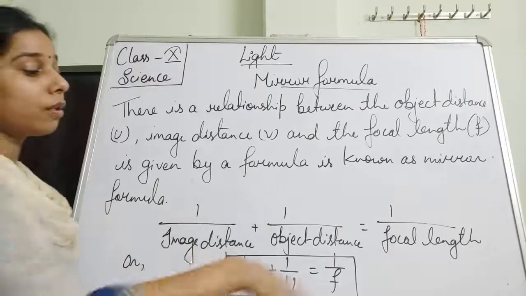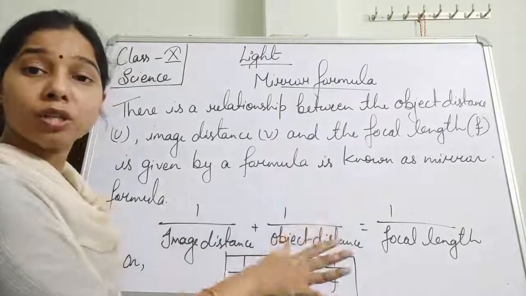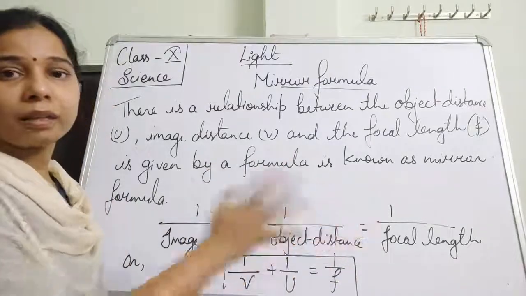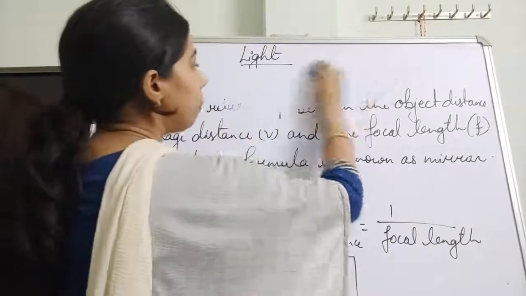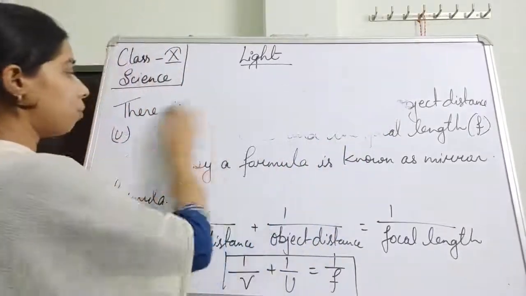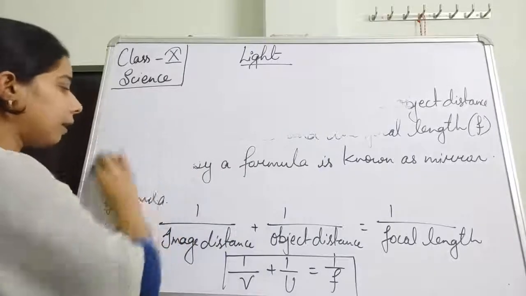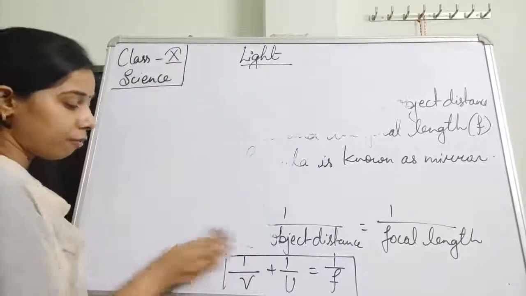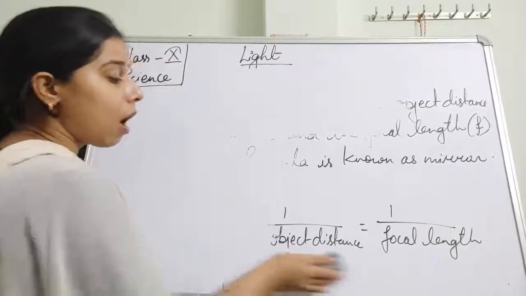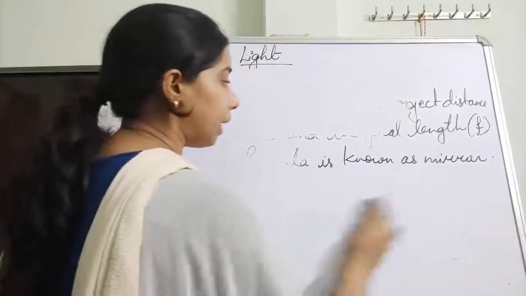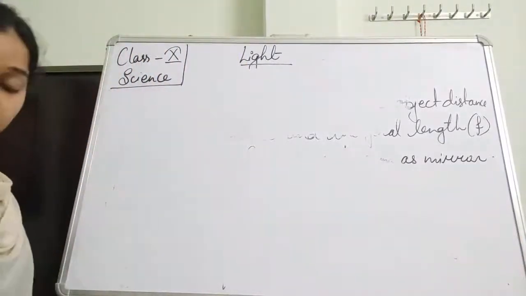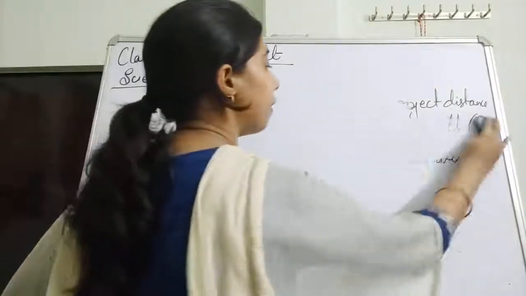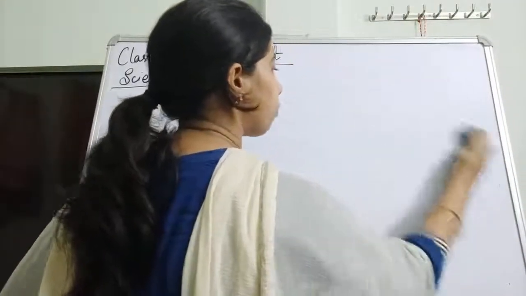Now in this formula, we are going to put the sign convention and then we can solve with the help of the formula. Before we go further and try to solve the numericals, there are a few things we have to understand, and that is how to find the magnification. So now we will see the magnification produced by the mirror.